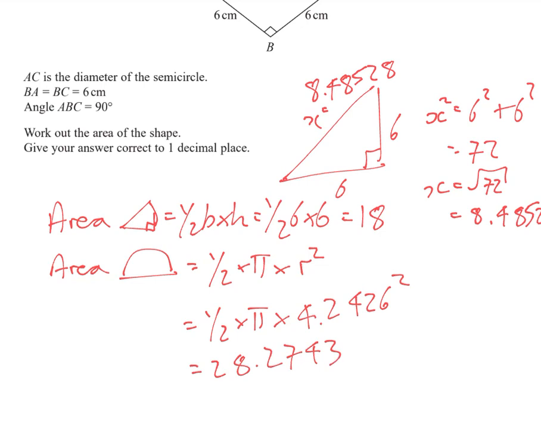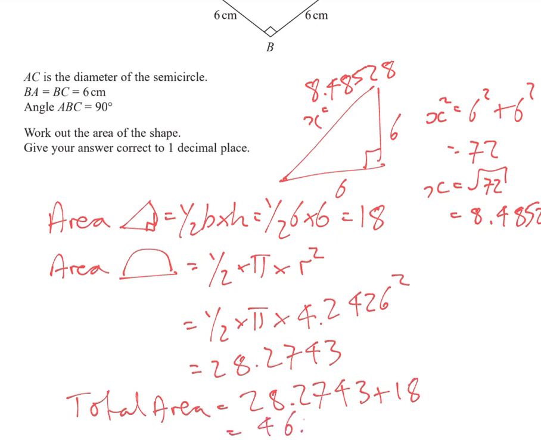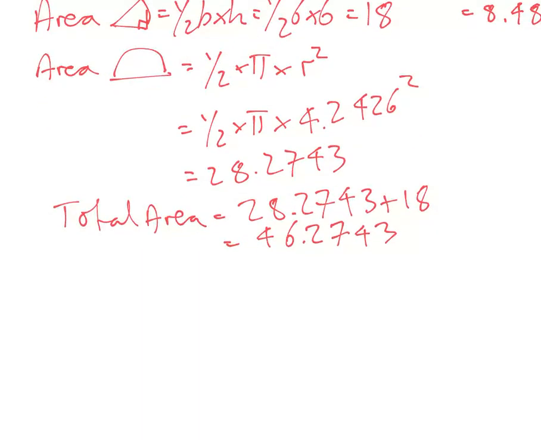Add that to my 18. 28.2743 plus 18 is 46.2743, which to one decimal place is 46.3 centimetres squared.